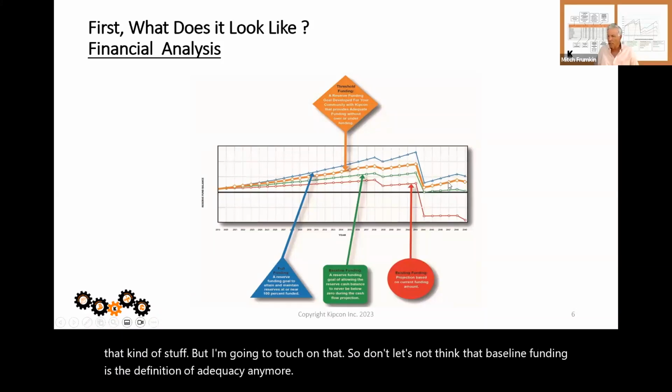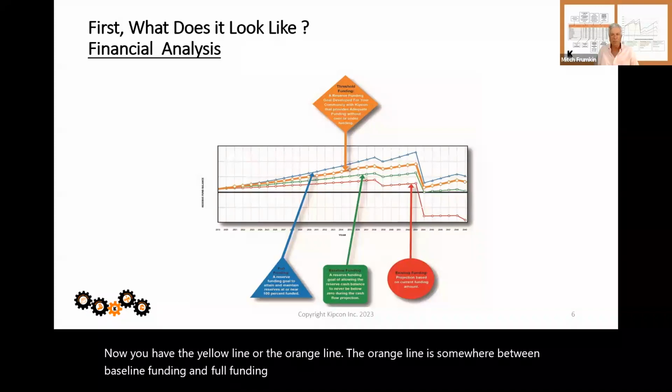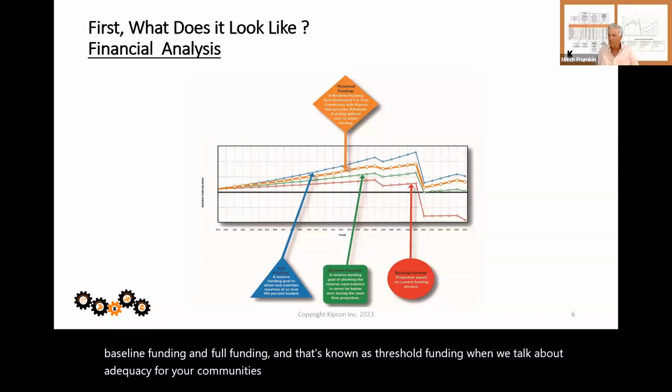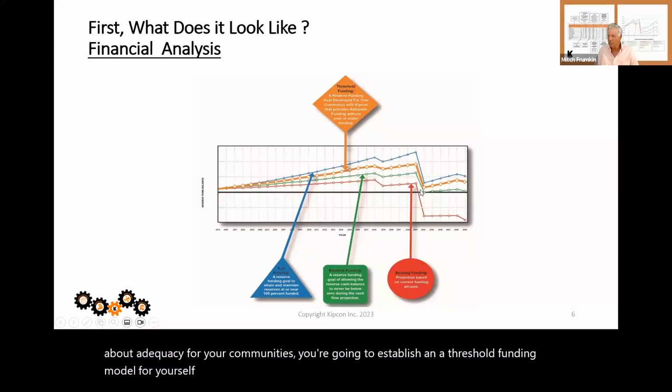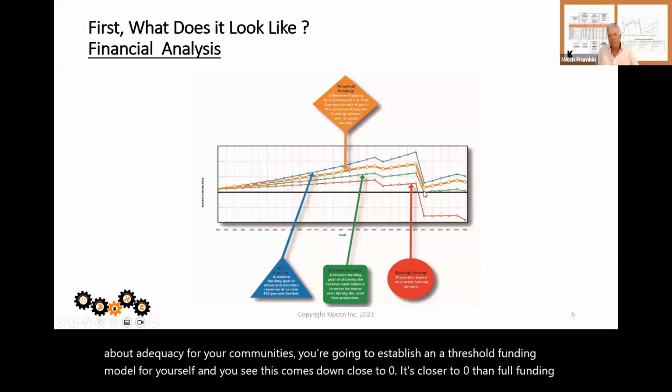Now you have the yellow line or the orange line. The orange line is somewhere between baseline funding and full funding, and that's known as threshold funding. When we talk about adequacy for your communities, you're going to establish a threshold funding model for yourself. And you see this comes down close to zero. It's closer to zero than full funding, but it's not all the way down to zero.